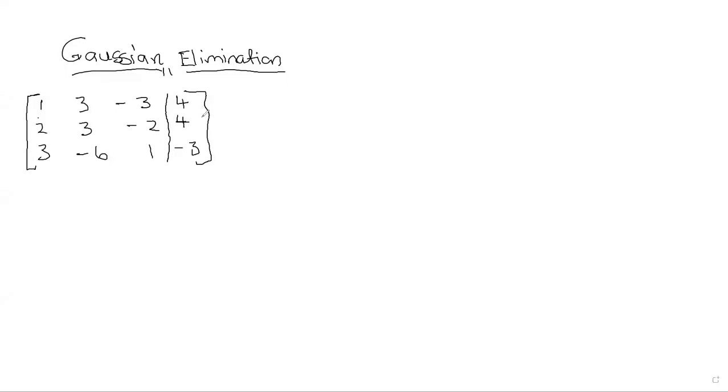This will be part 2 of Gaussian elimination. Imagine we have this augmented matrix, and we're trying to find the solution to this matrix. As always, we have 3 equations here, just like in the basic elimination that I did earlier on.